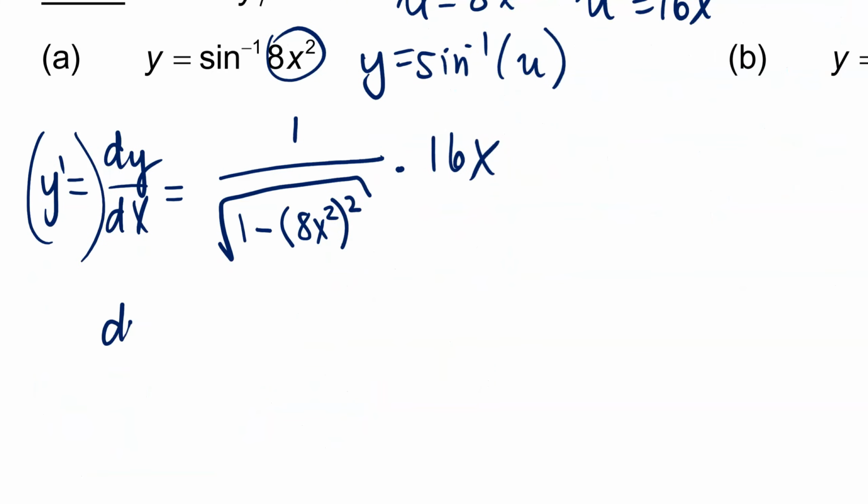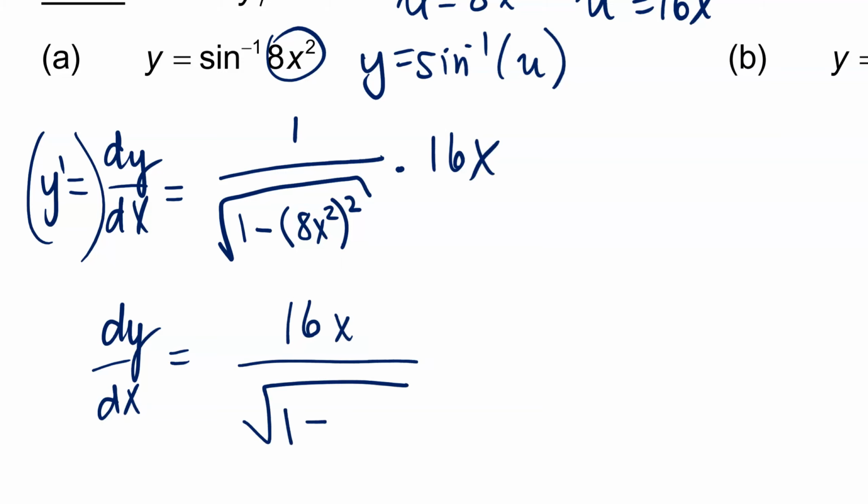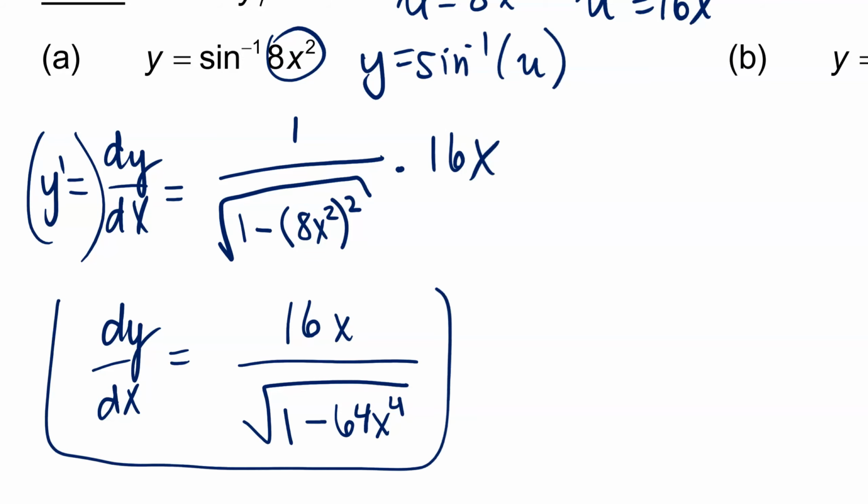So to simplify it a little bit, I have 16x over square root of 1 minus 64x to the fourth, because I square the 8 and I square x squared. This is the answer.